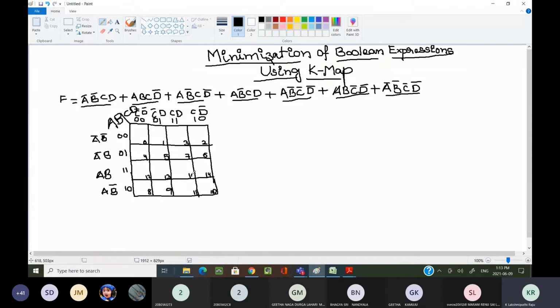These are totally 16 min terms in a 4 variable K-map.